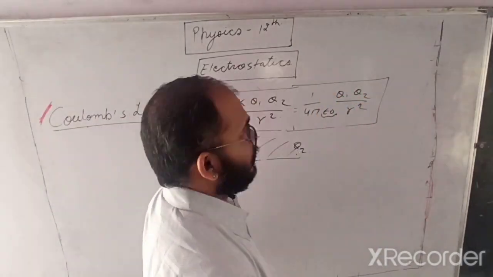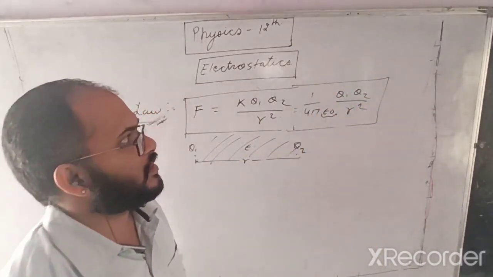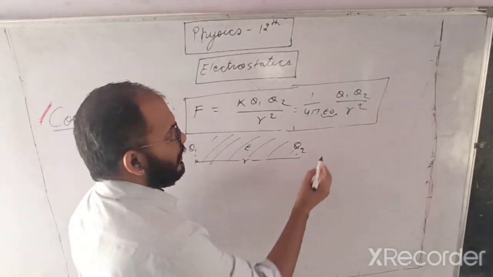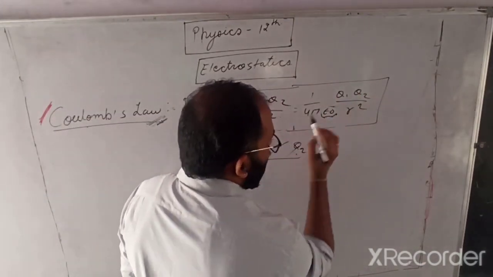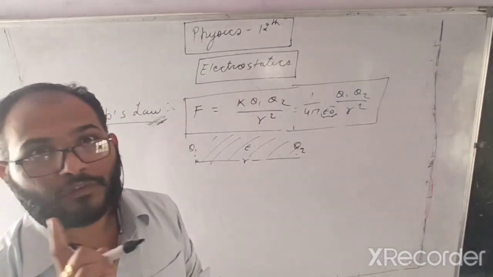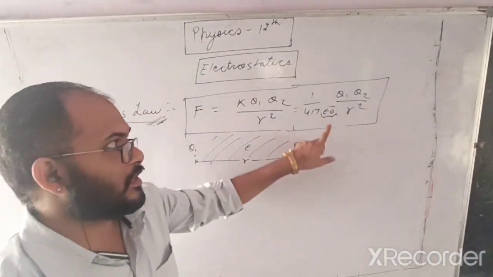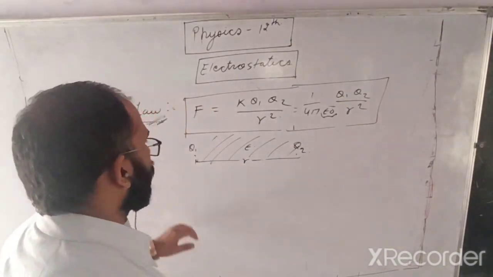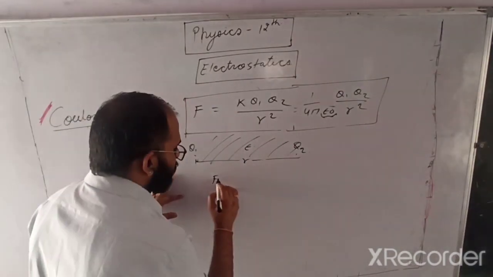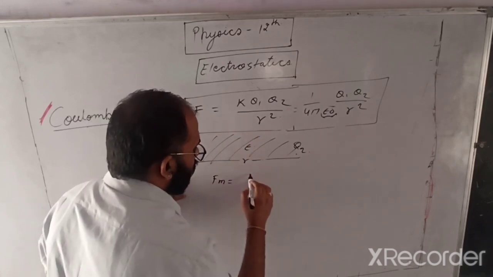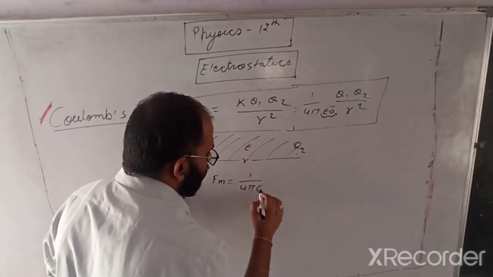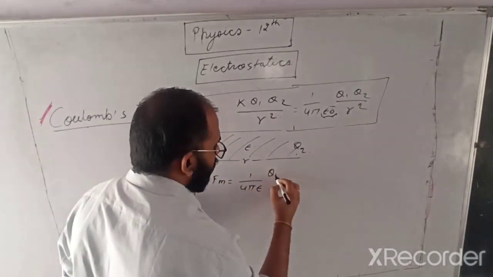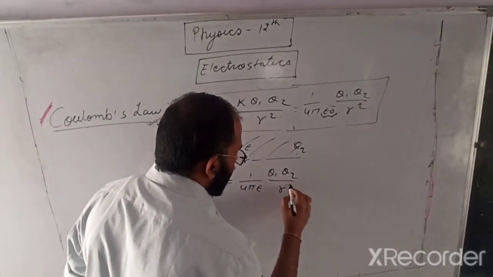The medium does not affect the separation or the magnitude of the charges; it only affects the permittivity, which is replaced by the permittivity of the medium. Now the force between the charged particles is 1 upon 4 pi epsilon Q1 Q2 upon R square. What replaces epsilon naught? Epsilon.